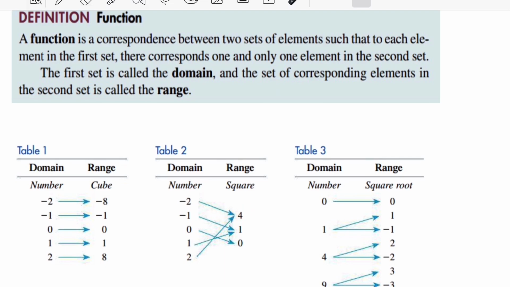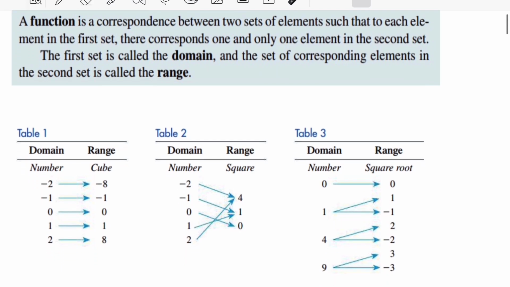So this 4 here is the result of -2 and 2, but that's fine because -2 and 2, their only result is 4. And same with -1 and 1, the only result in our range for -1 is 1, and the only result or output in our range for 1 is also 1. So that's totally fine. And lastly, our output for 0 is 0.